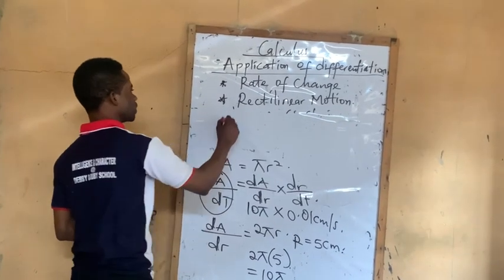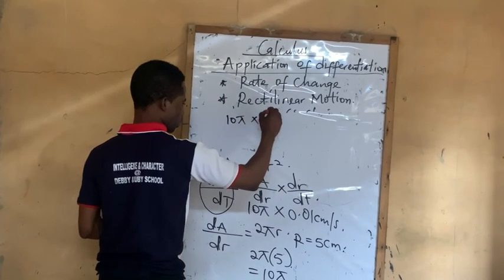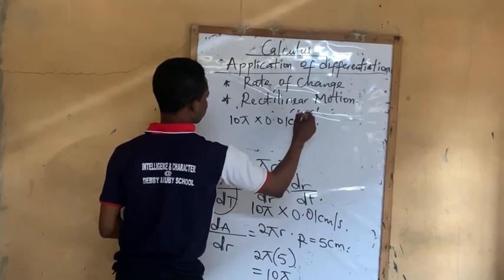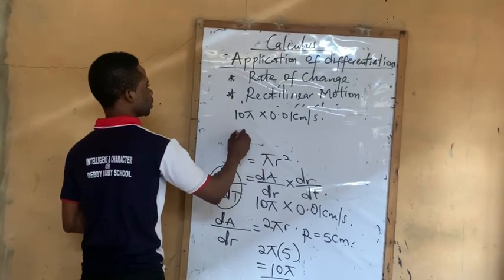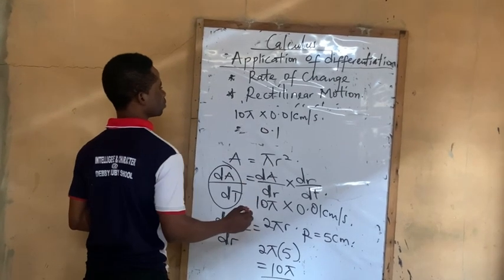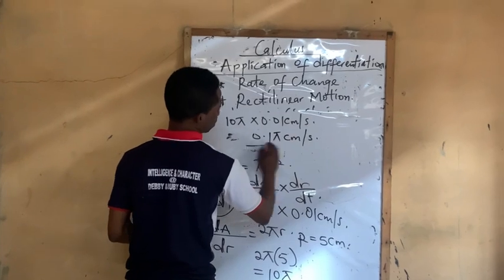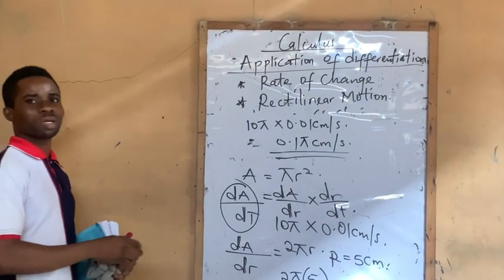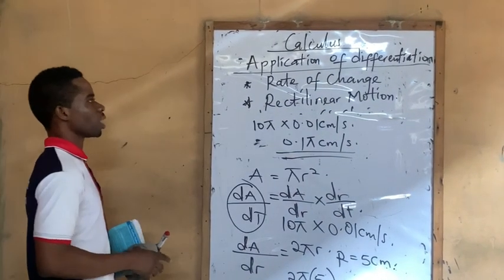That means I'm multiplying 10 pi times 0.01 centimeter per second. If I multiply 10 by this, the point will shift one place. That will be 0.1 pi centimeter per second. Or if you introduce that pi, you just say 0.1 times 3.142. So that is the answer for that.